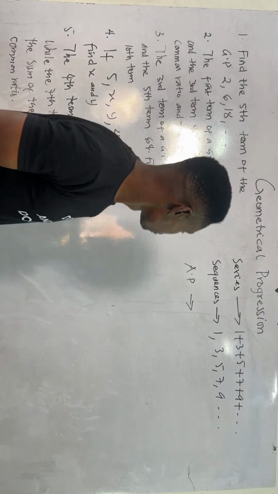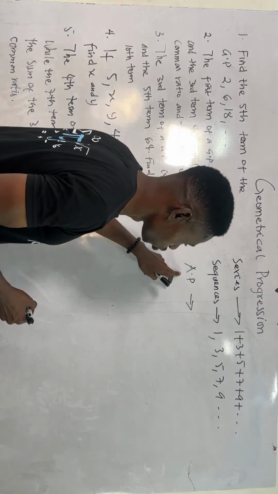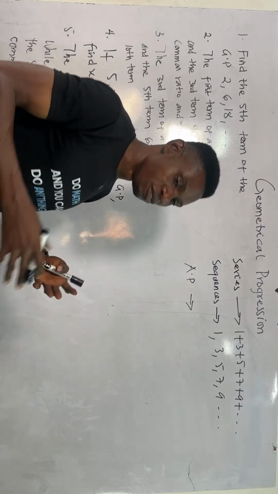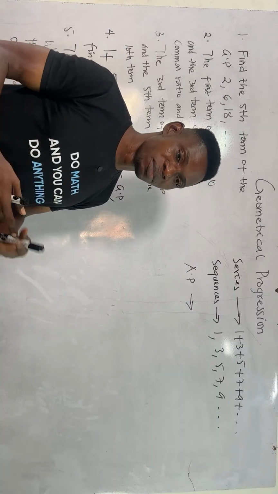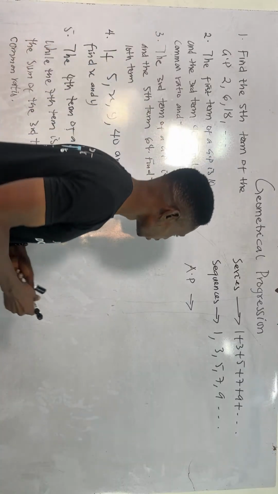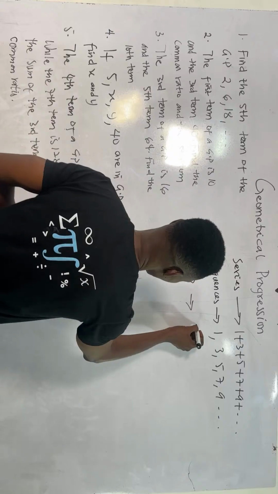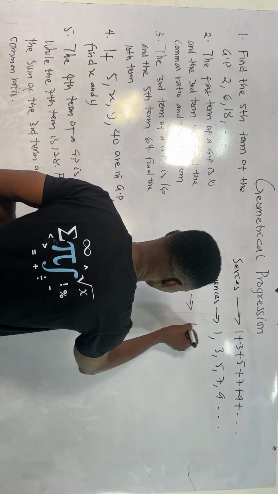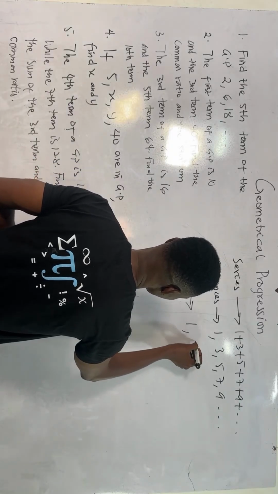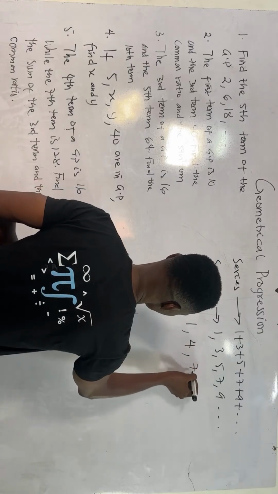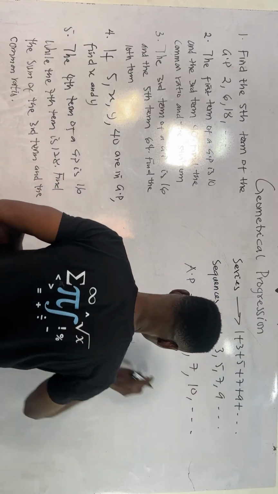So let's proceed. We said an arithmetic progression is one in which the difference between any two consecutive terms is a constant. And then we gave examples like 1, 4, 7, 10, and so on.